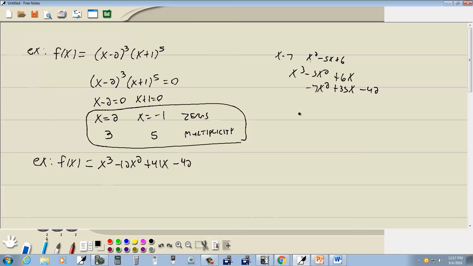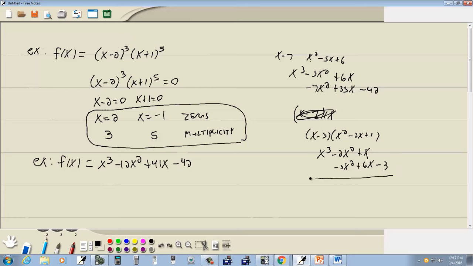Let me try a different one, with smaller numbers. x minus 3 times x squared minus 2x plus 1 gives us x to the third minus 5x squared plus 7x minus 3. I'm not going to be able to make one up. Okay, let me stick with something simpler then.